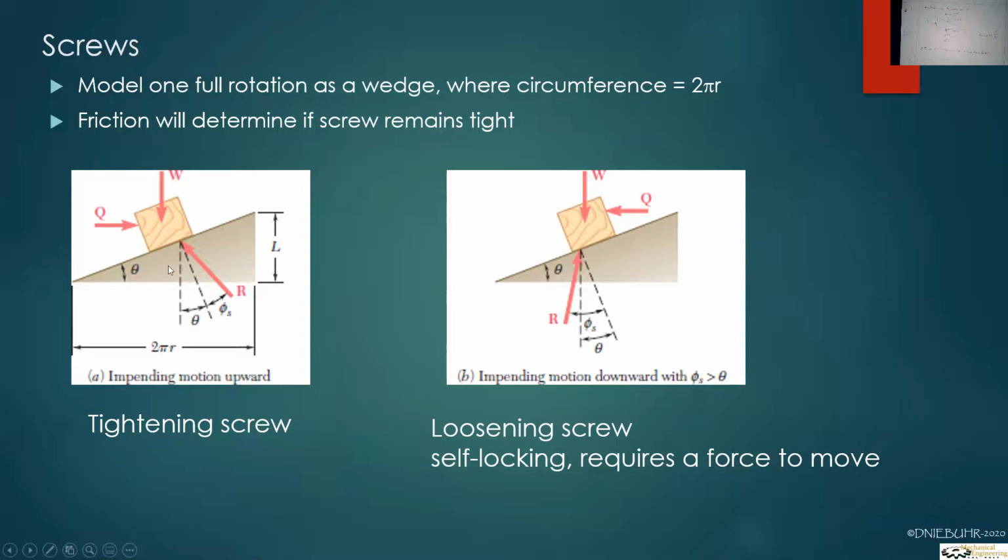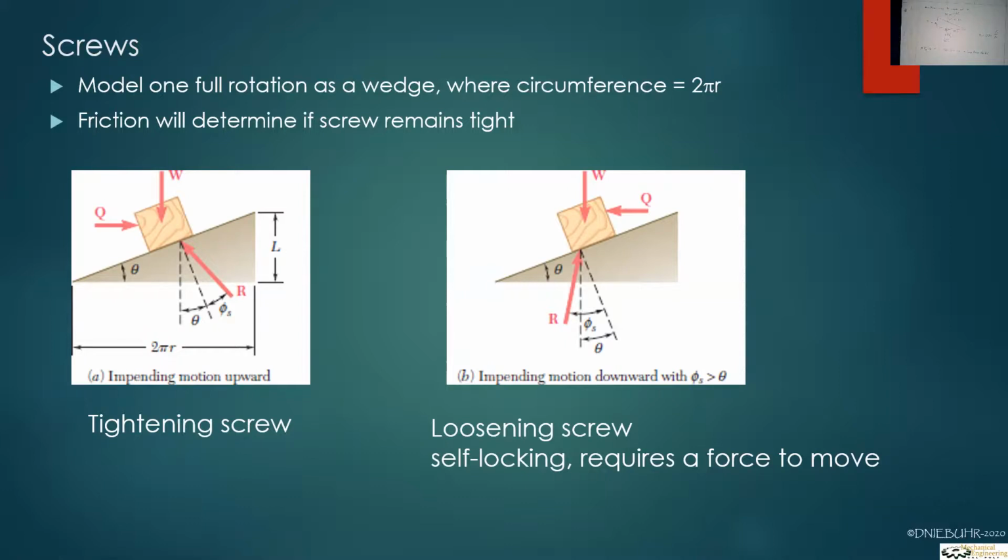To move up the hill, you have to fight both the angle of the wedge and the friction force, or the friction angle. That's tightening the screw. If you're loosening the screw, Q is going the other way. And again, like I talked about before, the friction angle is subtracted from the wedge angle, so it's much smaller, which makes sense. It's much easier to loosen the screw than tighten the screw.